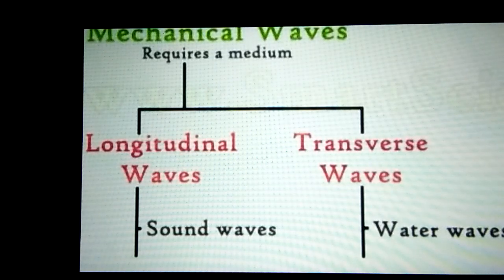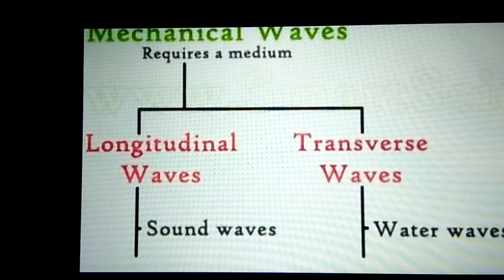When I'm speaking, the medium which is surrounding me is air, and the air molecules are the particles in the medium. So the particles in the medium vibrate to produce sound. Clear?